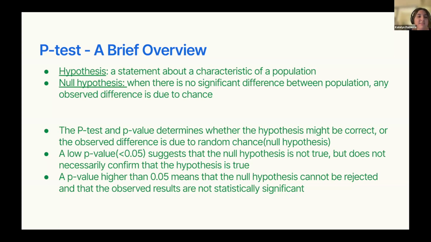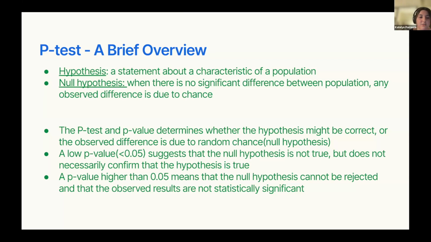Within the p-test is the p-value, and that specifically is what determines whether we would reject the null hypothesis or not. It doesn't necessarily confirm that a hypothesis is true, but we can confirm whether or not something is due to random chance.